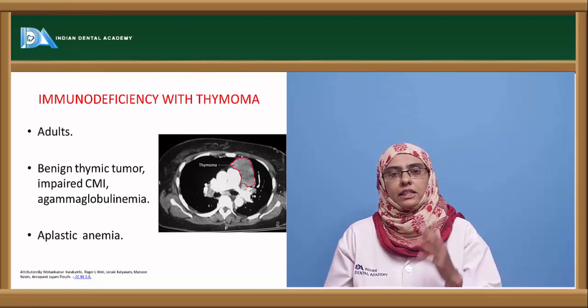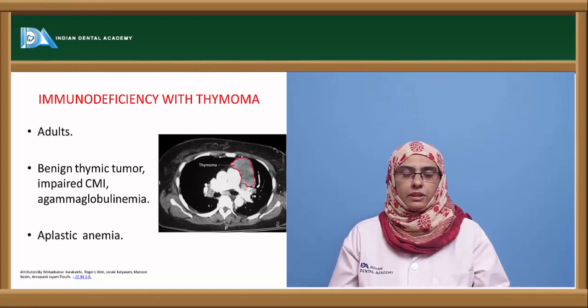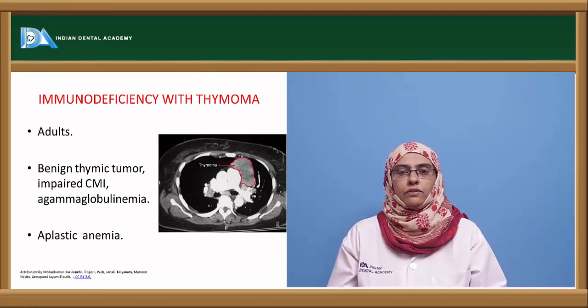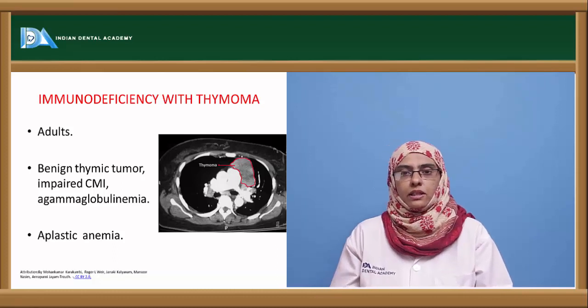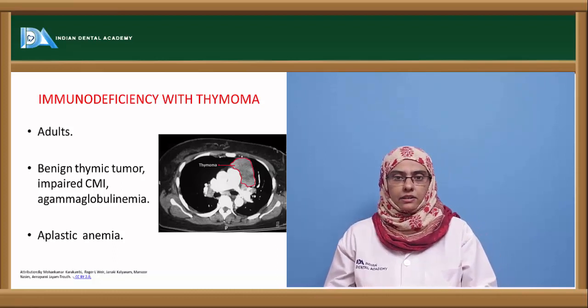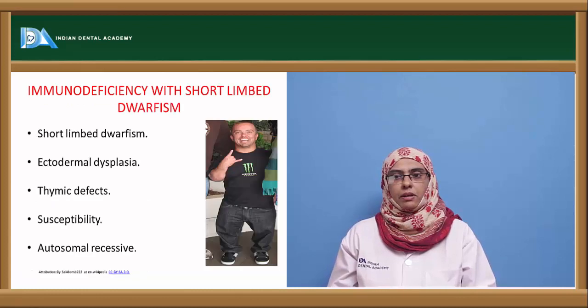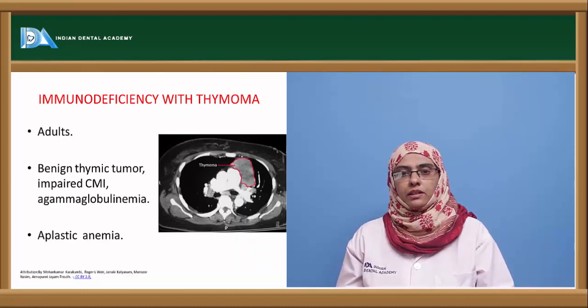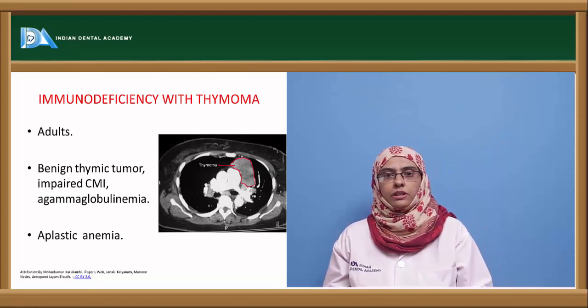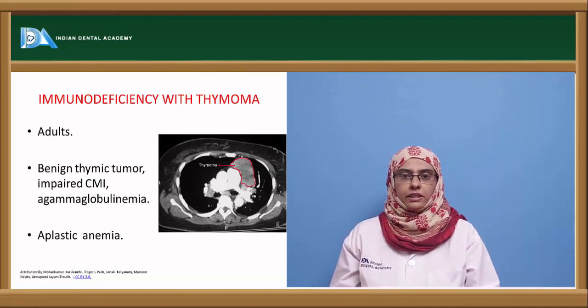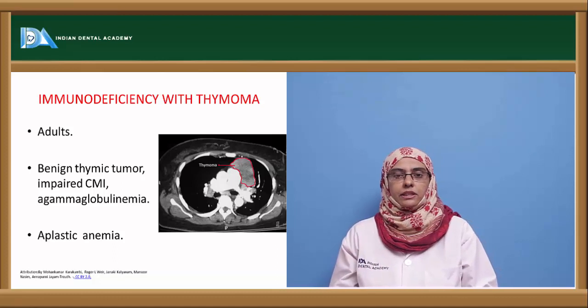Because there is a decreased CMI in this kind of patient, there is a decreased production of the immunoglobulin that is associated with the thymoma, and the characteristic feature of this is aplastic anemia. Here in the case of thymoma, there are chances that antibodies are produced against the thymic cells and can damage the thymus in turn.